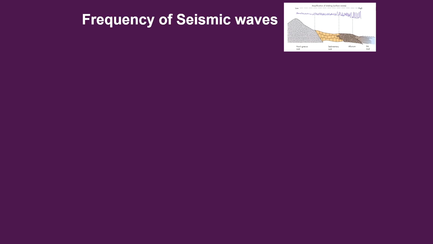So, let us see a few more details about why, because we have been discussing that this seismic shaking will be related to your seismic waves which are passing through the interior of the earth and along the surface of the crust. Okay.